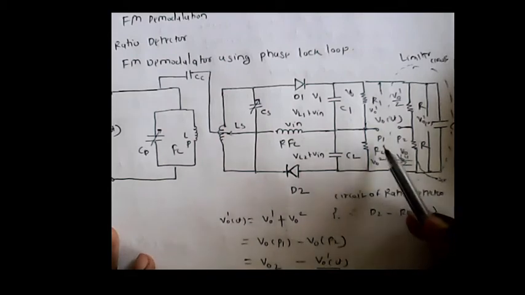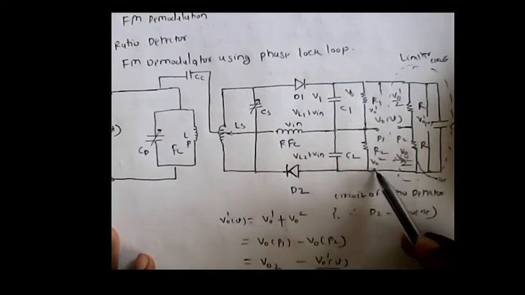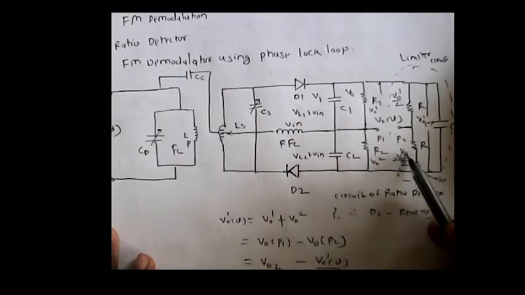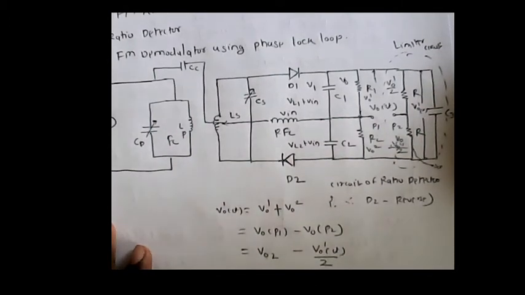So the voltages at P1 and P2 for this circuit come out as V01 and V02. If we put the value of V0 dash 2 in this equation, we get V0 out equal to V02 minus V01 divided by 2.